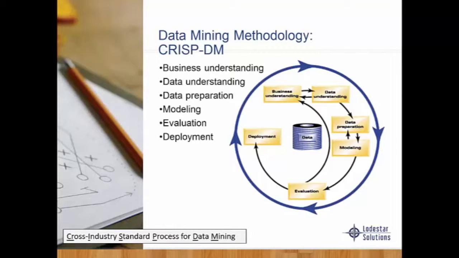It begins with an understanding of the business, and presumably that's where you come in. You understand your business. We then move into understanding the data. These two things go hand in hand. The data describes the business, describes the historical patterns, describes your customers, your employees, or whatever it is you're working with. But understanding the relationship between that business and the data is also very important.